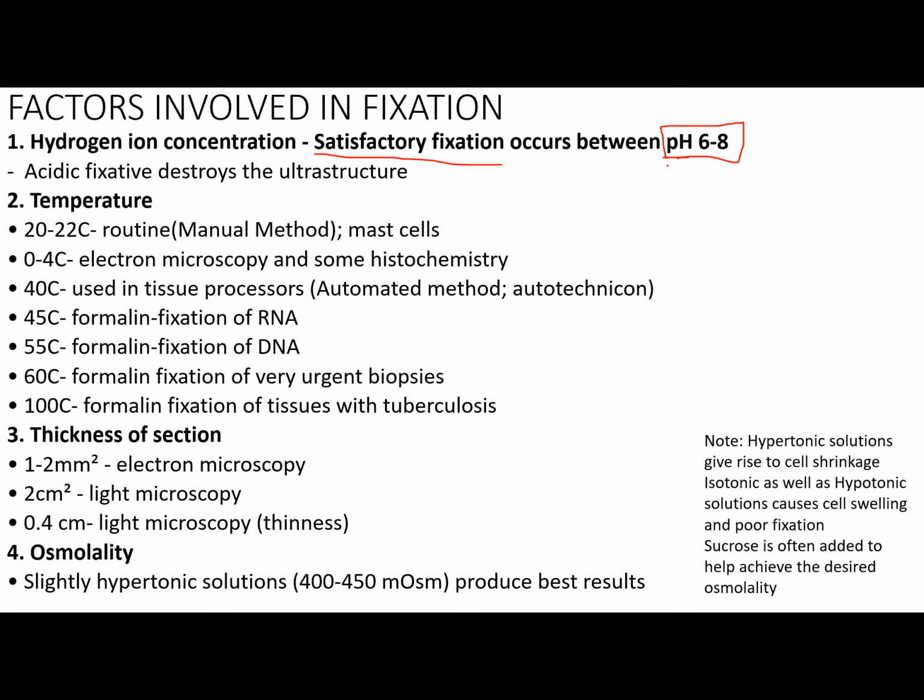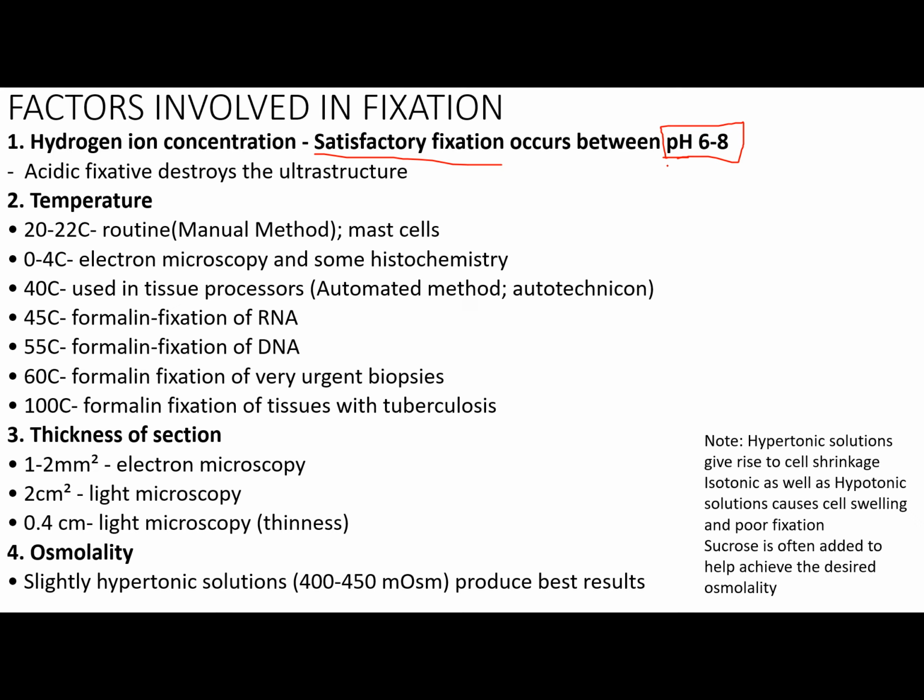Then if you're going to fix lung tissues, class, or any sample that has TB in it, you have to set it at 100 degrees centigrade. It is set at 100 degrees centigrade to kill the bacilli, the MTB bacteria.